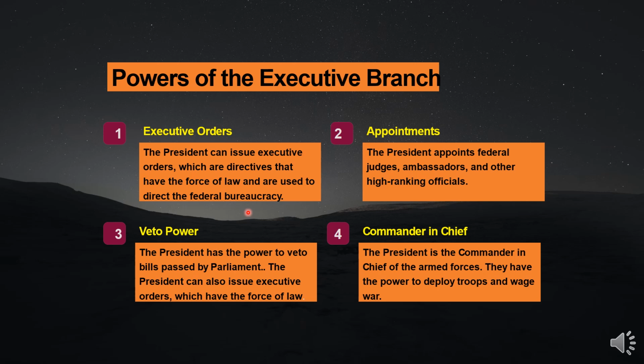This power is most commonly associated with the executive branch of government, such as a president or governor of a state, who can veto bills passed by the legislative branch.